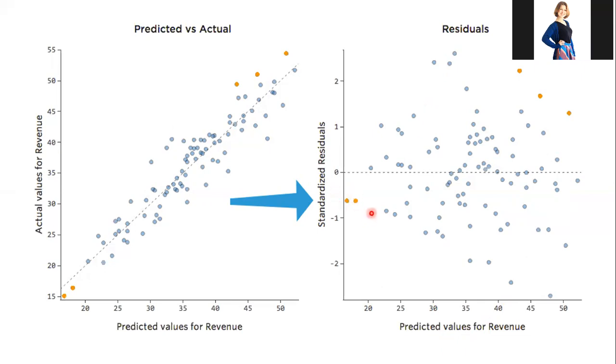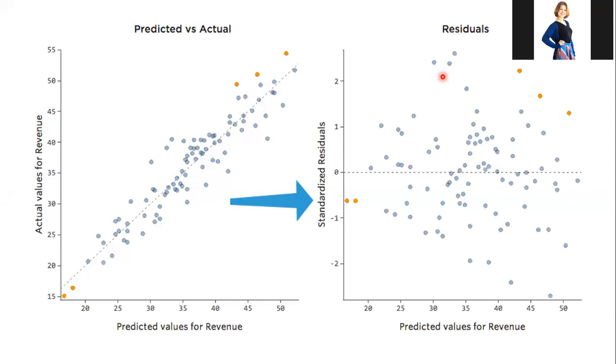You see that these two dots from here and these three dots go to this part of the plot. We just turn it at some angle, and we will obtain our residual plot.